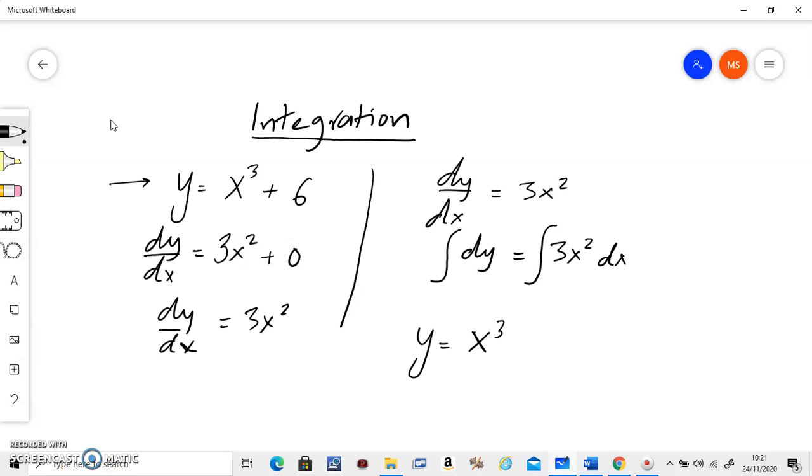Remember, when you reverse the process, you won't be able to get the constant back unless you have initial conditions, which we'll see when we do applications. Because of that, whenever you do integration, you have to put a plus c at the end as a constant, which could be there. So that's your answer.